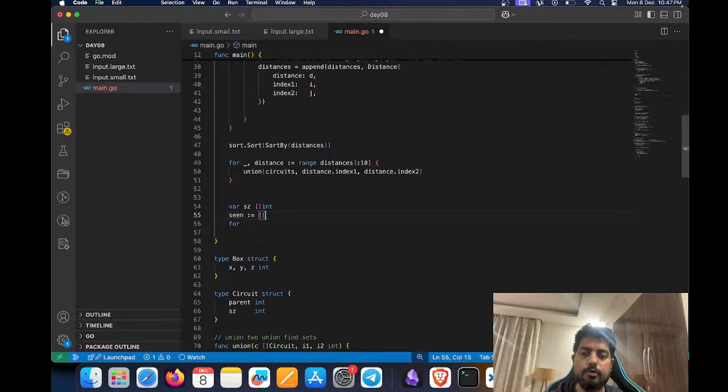And also we need to store the circuits, the parents that we have already seen. So it will be make map. We need to store the parents that we have already seen.